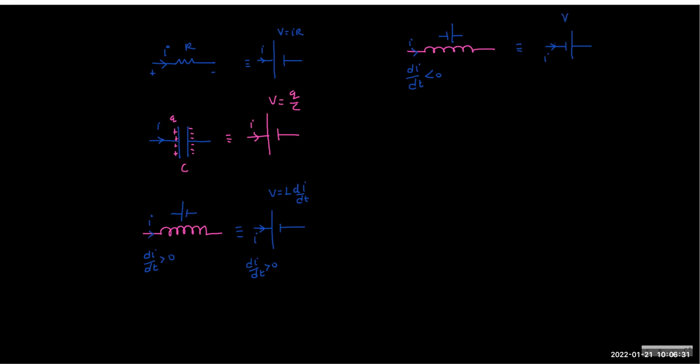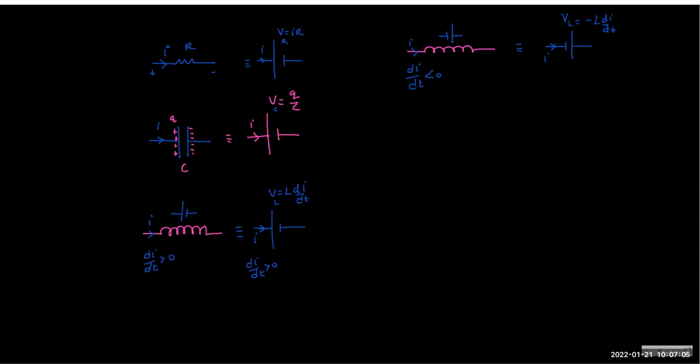So the value of voltage of this cell will be how much? Because di by dt is negative, but the value cannot be negative, so we write minus L di by dt. And it turns out that whether you assume di by dt positive or negative, the final answer will be the same, because reversing the polarity and the value, both look the same, right?